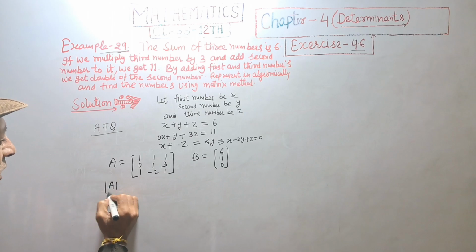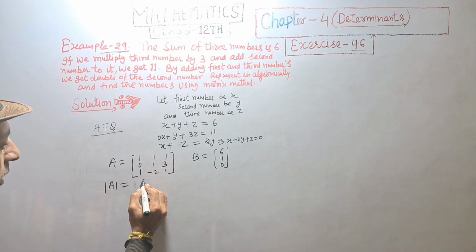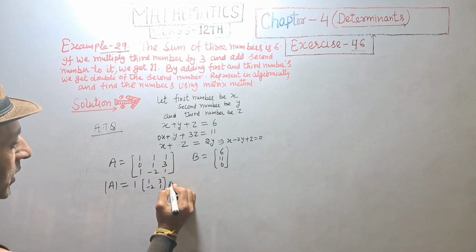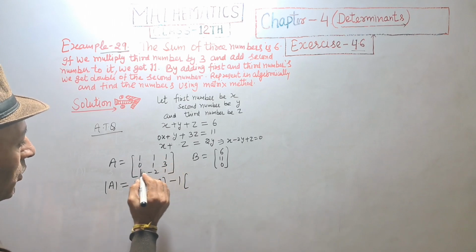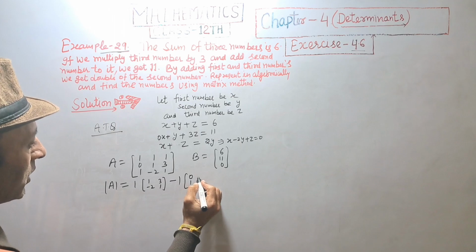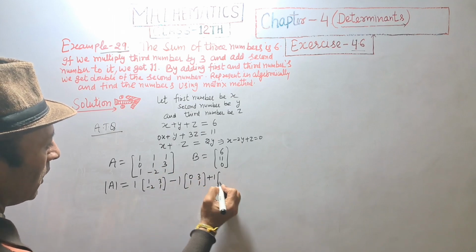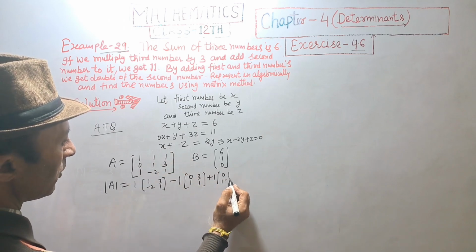First of all, we find the determinant of A. That is 1 times the minor of 1, 1, 1, minus 2, 3, 1, and the second term will be minus 1 times the minor with first row second column neglected, 0, 1, 3, 1. And the third term is plus 1 times the minor with first row third column neglected, 0, 1, 1, minus 2.